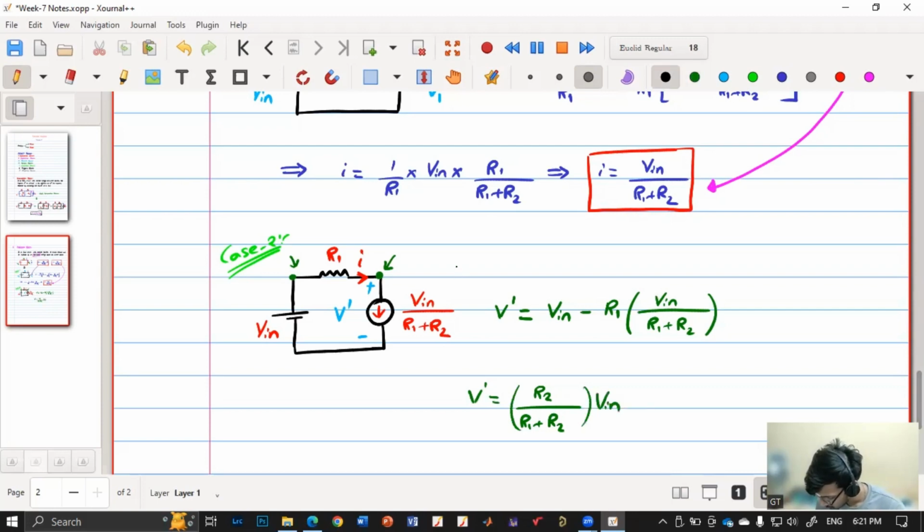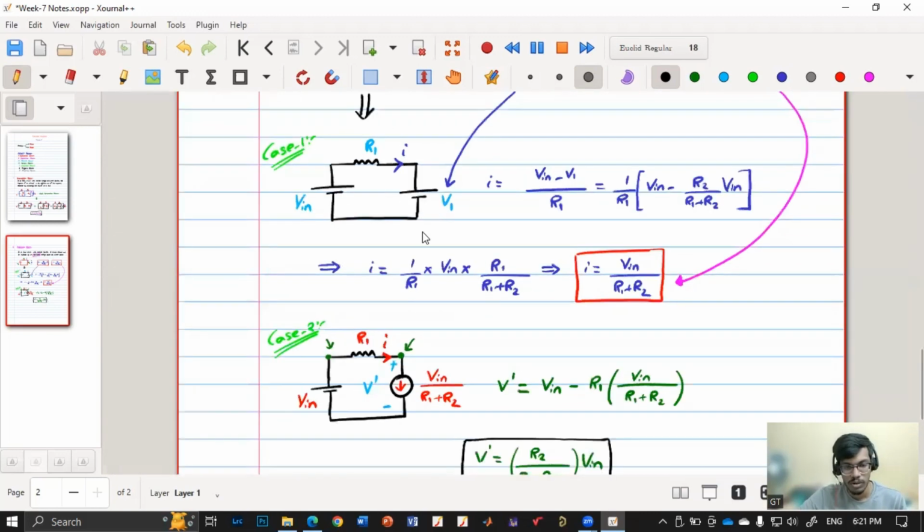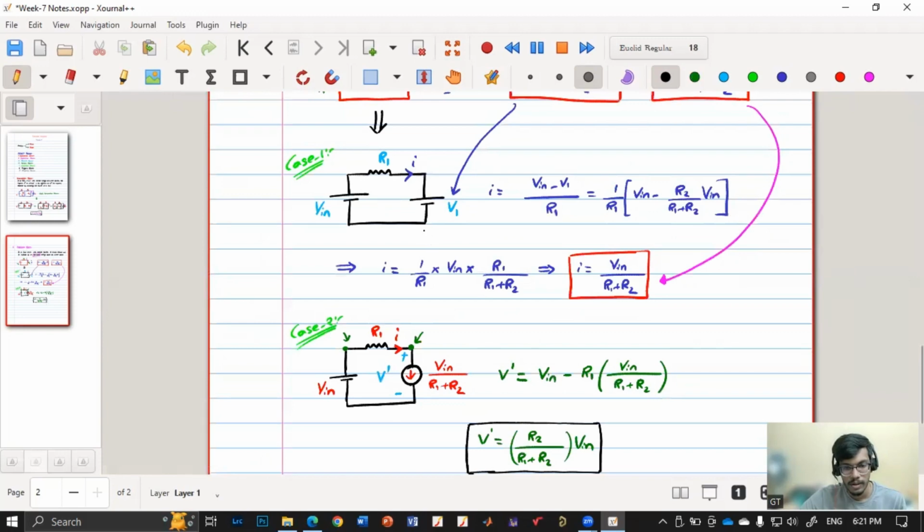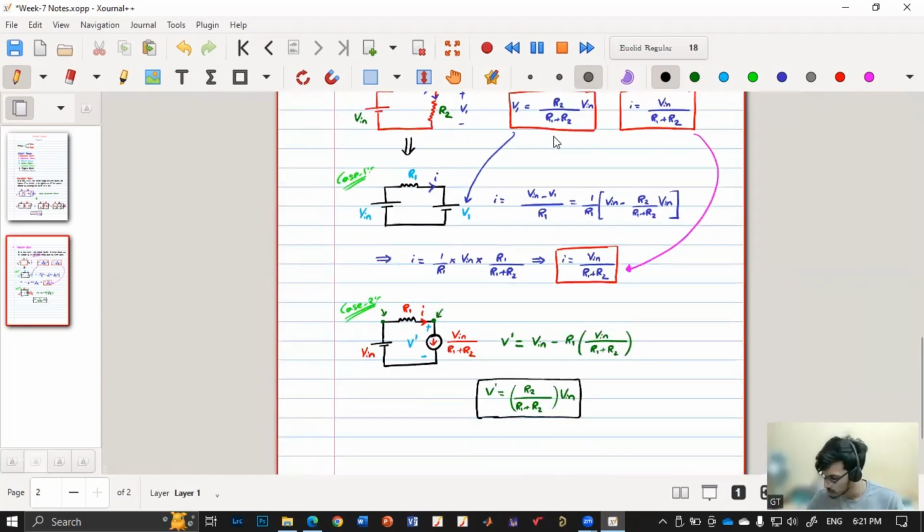So if we convert this into a current source, the voltage across it will still be the same as our previously obtained value. We got the same value.